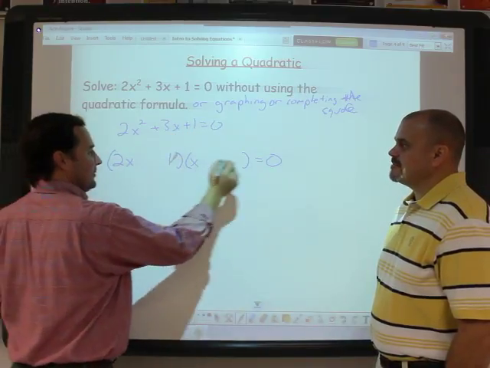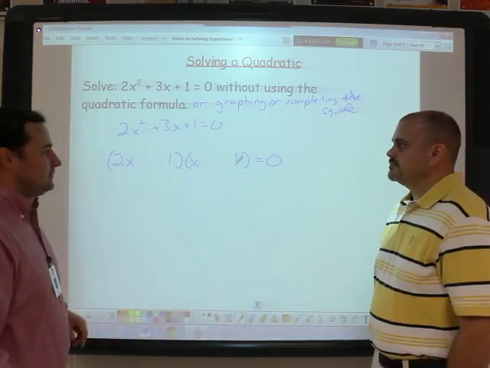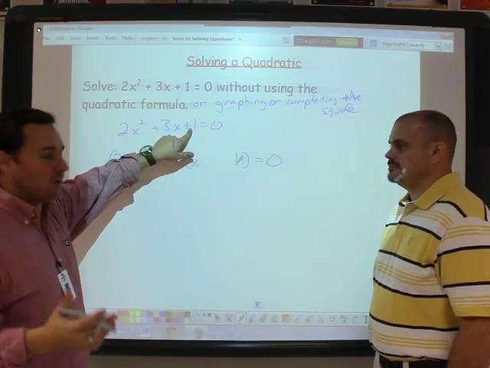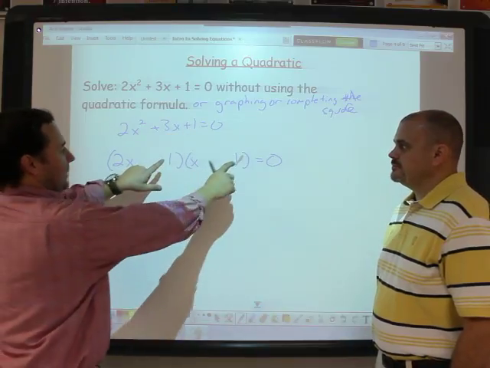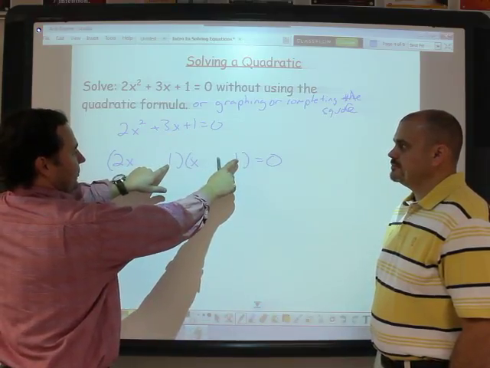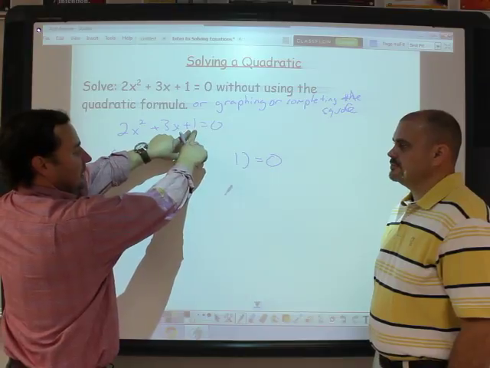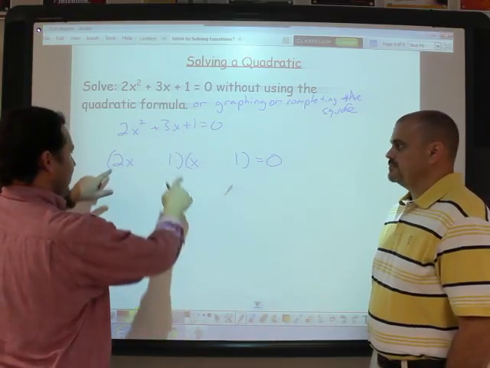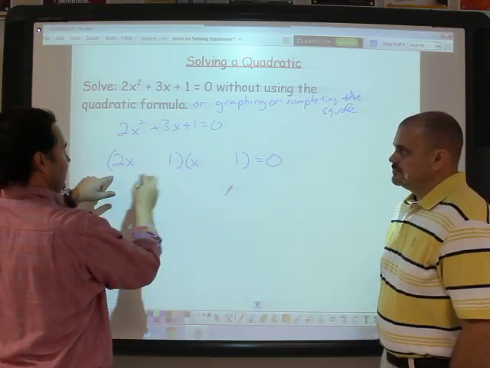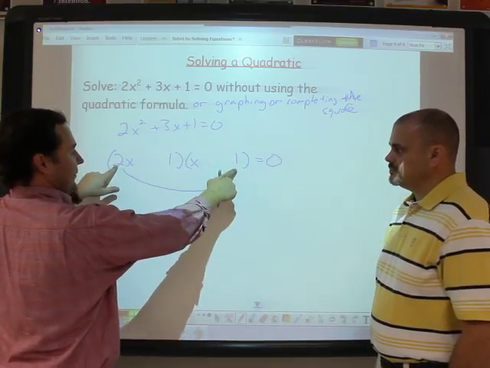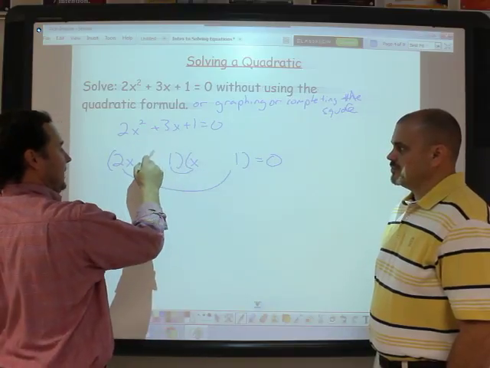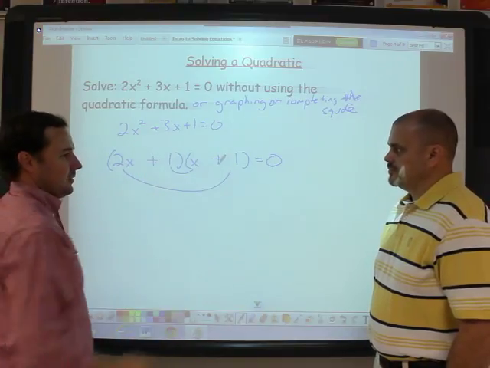It can only factor to 1 and 1. Now I have to think about my signs. When I multiply my last terms, 1 times 1 gives me 1, so they can either be both positive or both negative. But my linear term is 3, so my outer terms, 2x times 1, plus my inner terms, 1 times x, have to equal positive 3. So they're both going to be positive.